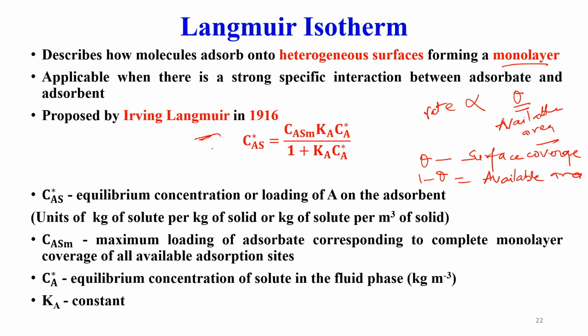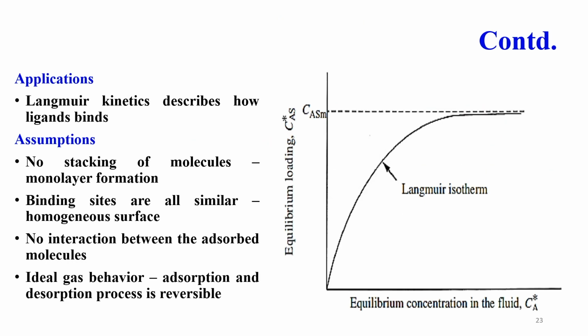So, in Langmuir adsorption, the concentration at the surface is CAS maximum into Ka, the equilibrium constant, into Ca, the equilibrium concentration of solute, divided by 1 plus Ka into Ca, and Ka is called the Langmuir constant. It fits many experimental data, particularly in bioprocesses.